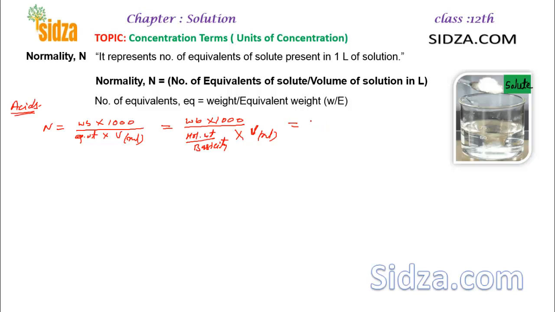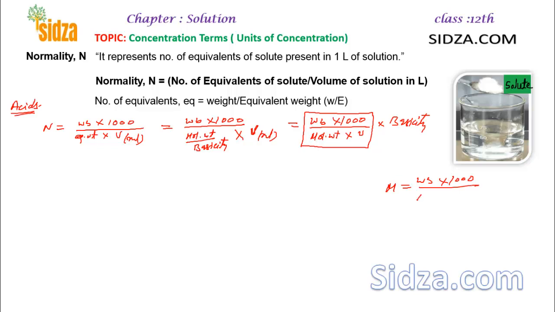We can further modify it. I can write it as WB times 1000 divided by the molecular weight times volume of solution, into basicity. So this term, if you remember, is the molarity, because the molarity equation is the weight of solute times 1000 divided by the molecular weight and volume of solution in mLs.